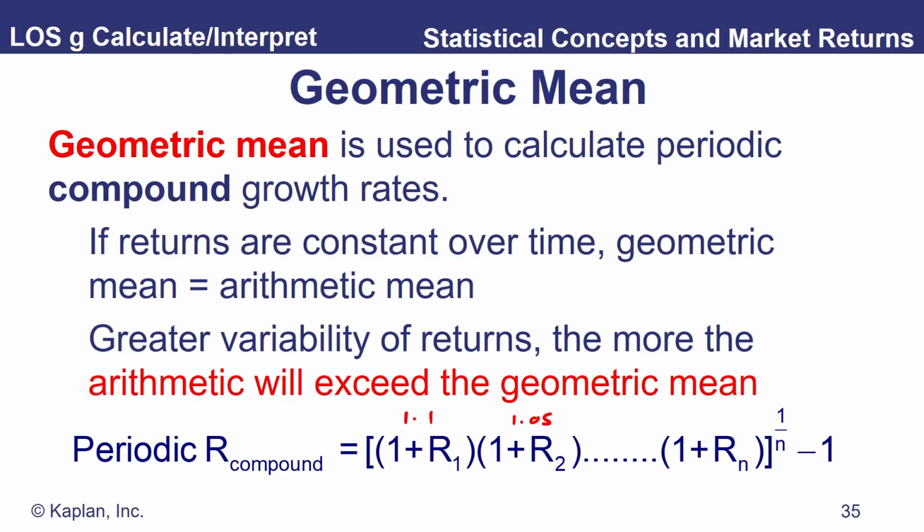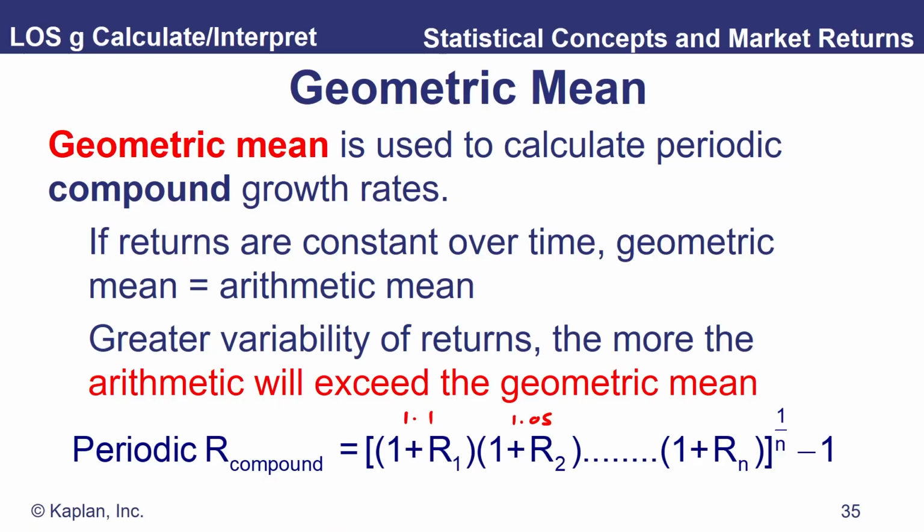So n would be 2, it wouldn't be 4. Okay, so just be a little bit careful on that. As I said, if you're dealing with annual returns, that's not an issue. The number of returns is equal to n. But if you're looking at semi-annual returns, then n is equal to half the number of your semi-annual returns.